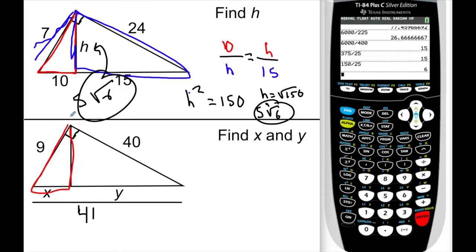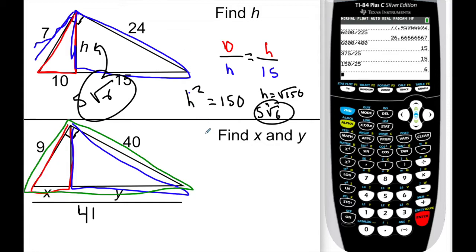So I've got this triangle here. I've got this triangle here. I've got that triangle there. Notice, 9 is the hypotenuse of the red triangle, and we know that for the green triangle, 41 is the hypotenuse.